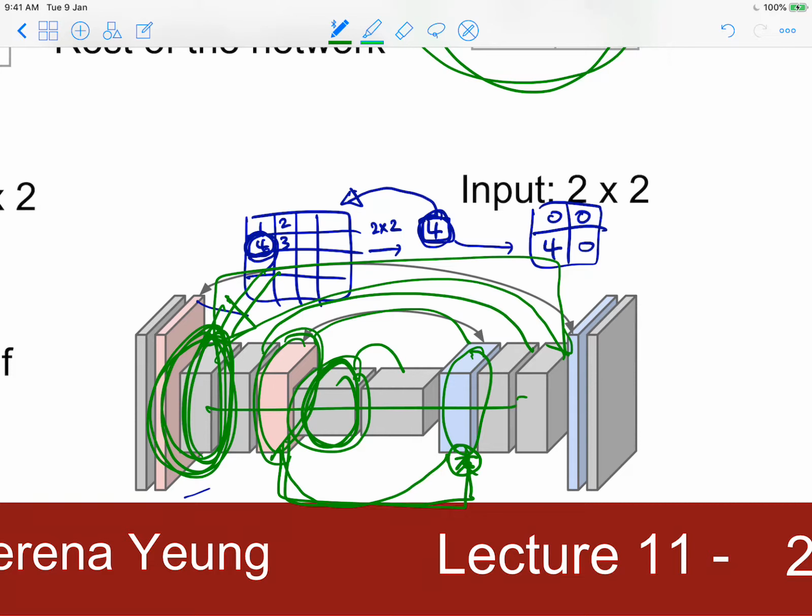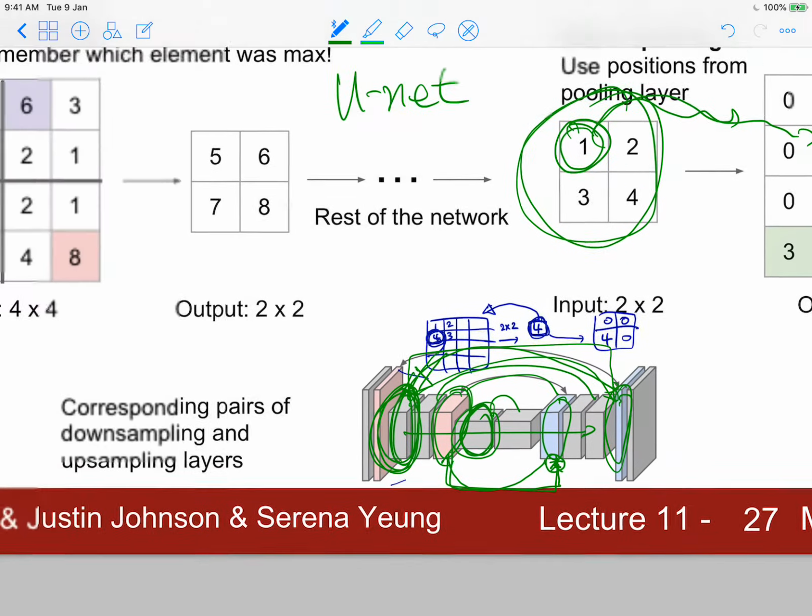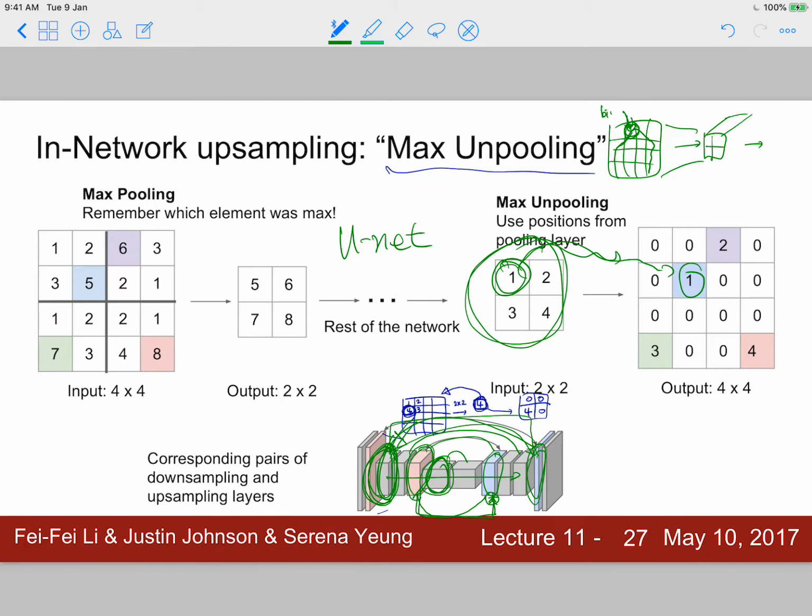After going through this, it may lose a lot of this detailed information, but if we give it to the decoding part, we may give the corresponding decoding layer more spatially exact and correct information. So that's the main intuition of the effectiveness of this UNet architecture. Any questions?